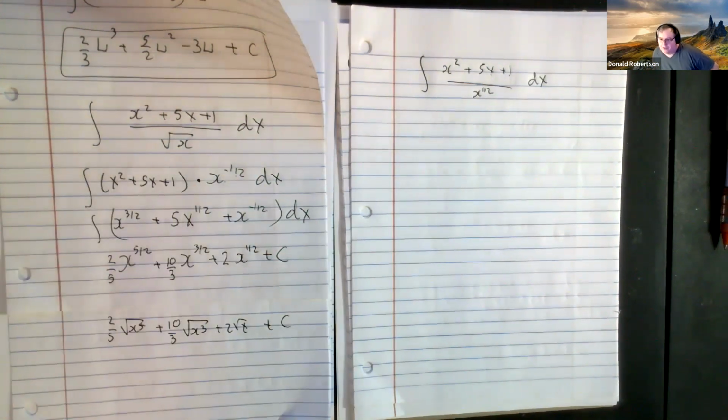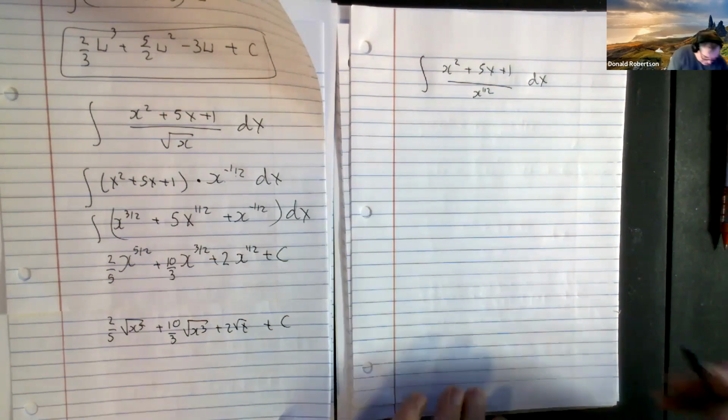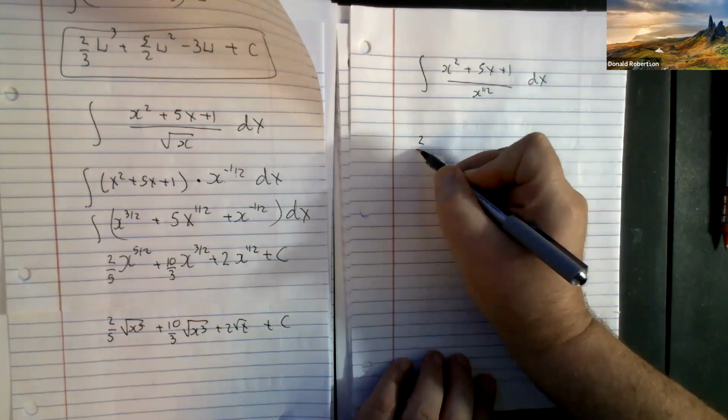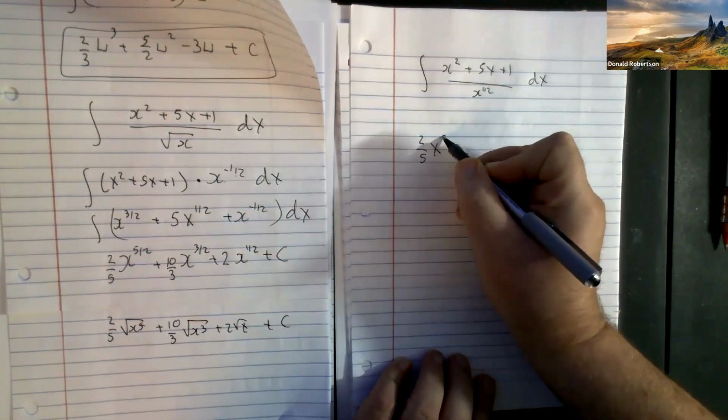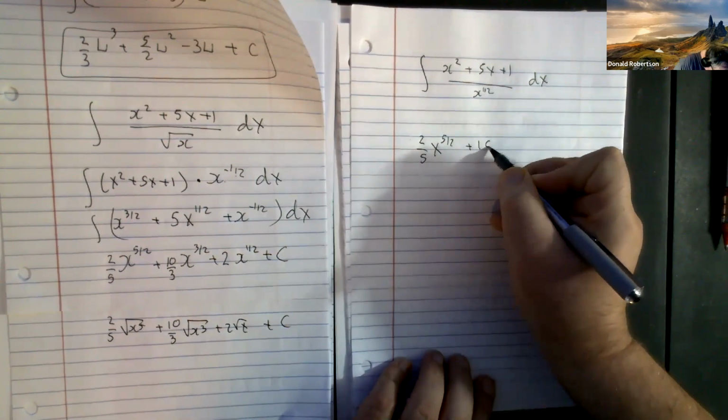Do you notice that in this question, the square root has been replaced by an x to the half, which is the square root of x? When you do this question, you'll end up with the exact same answer because it's essentially the same question.